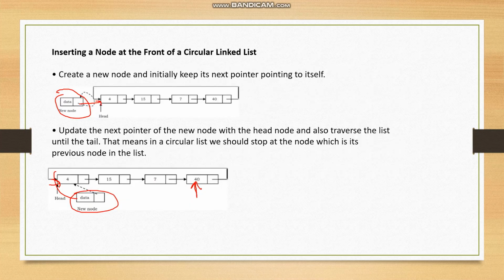Inserting a node at the front of the circular linked list. In that case, we will create a new node, and we will point that new node's next to the head, and then we will move to the end of the linked list. As we discussed earlier, when the next of a node has its pointer to the head, this way we find the last node of the circular linked list, and that last node will point to the new node.